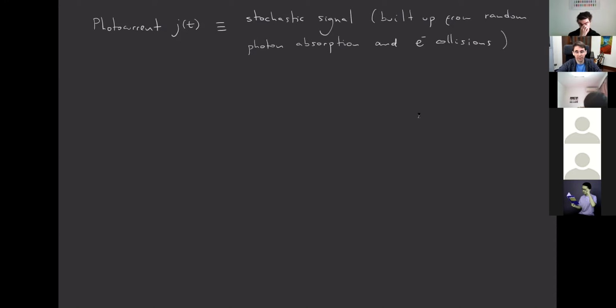Okay, and what's really magical and really interesting is that the fluctuations of this stochastic signal encode the quantum fluctuations of a quantum mechanical operator, okay? And this is what I want to write in here.